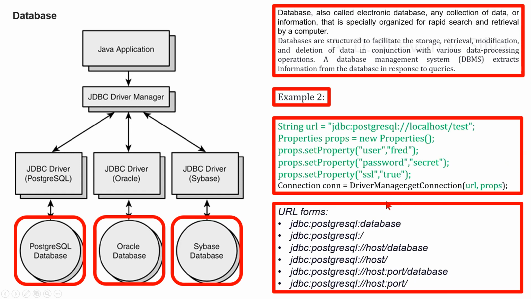As example 2, we can consider this one. This is to connect to a PostgreSQL database. There are different URL forms here. You can see those here. Here the host is the name of the server, defaulting to localhost.